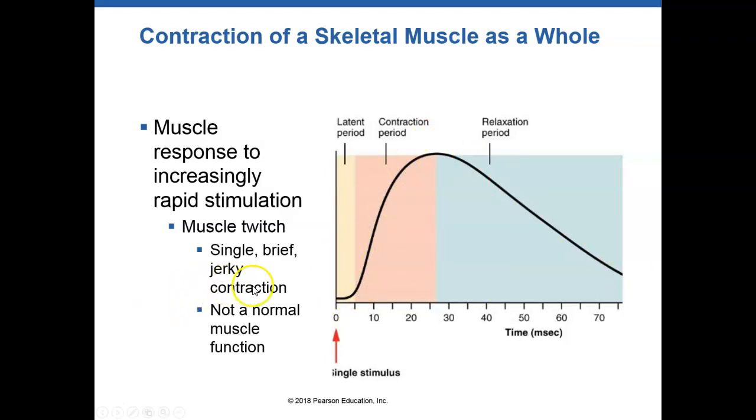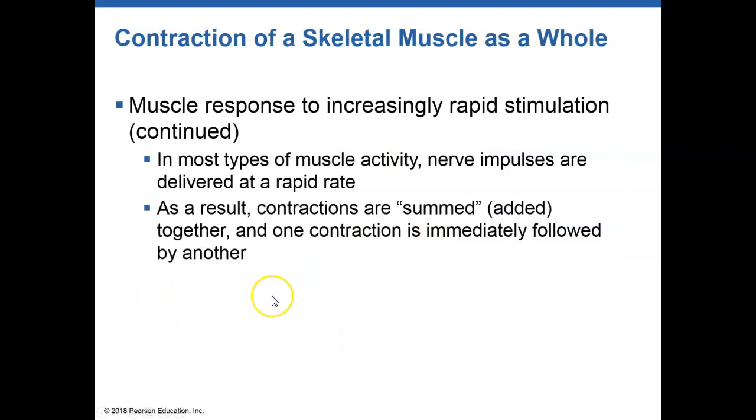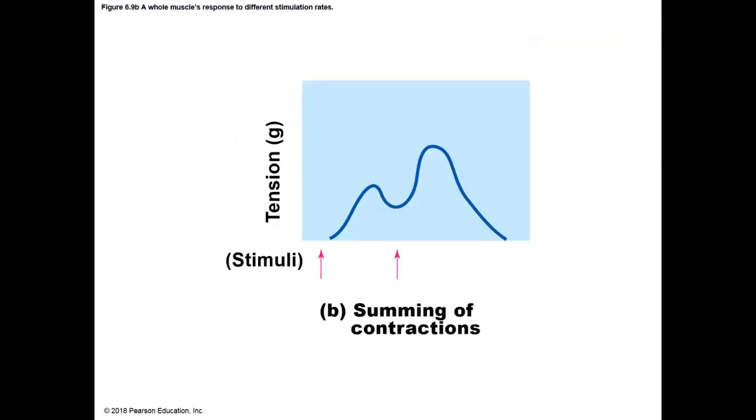But if we increase the contractions, so if we stimulate the muscle more quickly, or we stimulate more muscle fibers, it'll cause a muscle contraction. That's a full-on, like the whole muscle contracting. So let's look at what happens to one single muscle fiber if we stimulate it more frequently.